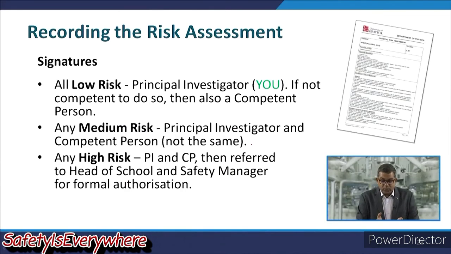If not competent to do so, then the competent person will sign it. Then for medium risk, the principal investigator and the competent person are not the same, maybe some other different person, they will sign it. For high risk, the principal investigator, the competent person, then referred to the head, maybe the head of the school, safety manager, or if it is related to the plant, for the formal authorization.